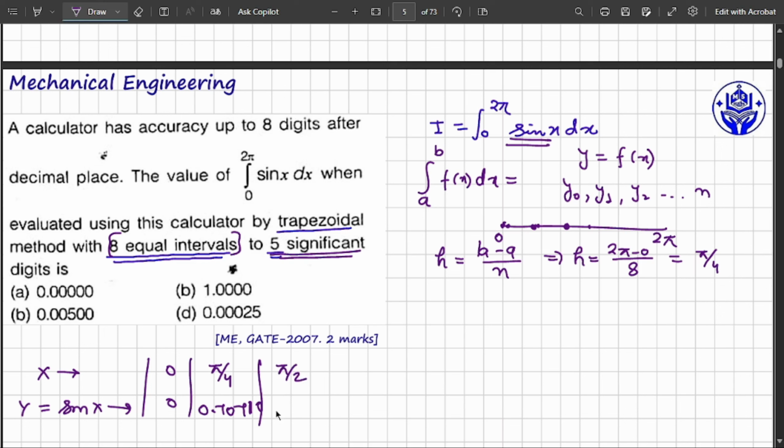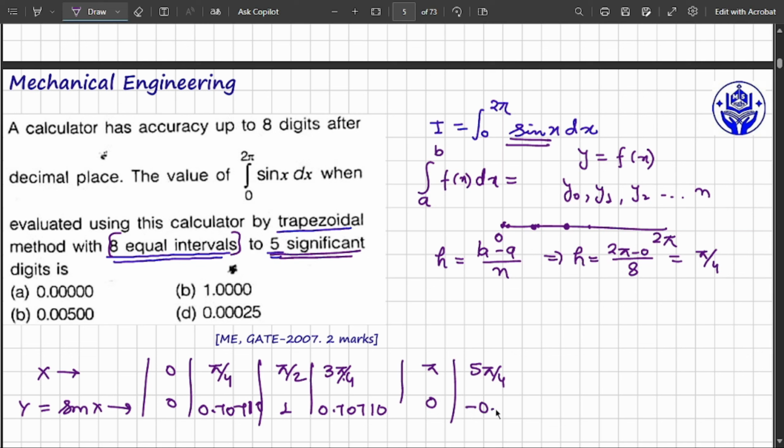Next will be pi by 2, and it will be 1. Next will be 3 pi by 4, then it is 0.70710. And next will be pi, this will be 0. And next will be minus, yes, it will be 5 pi by 4.